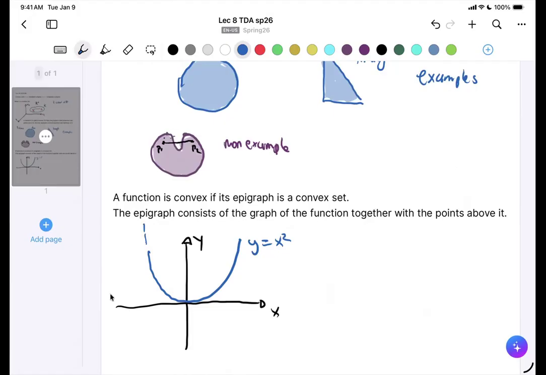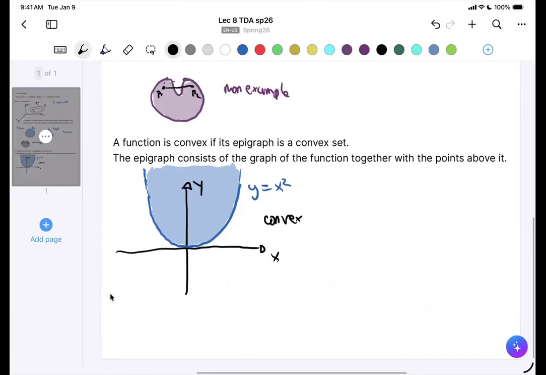Here you have to imagine that the parabola goes on forever. So that's the epigraph in the picture. In this case, you can show that it is a convex set.